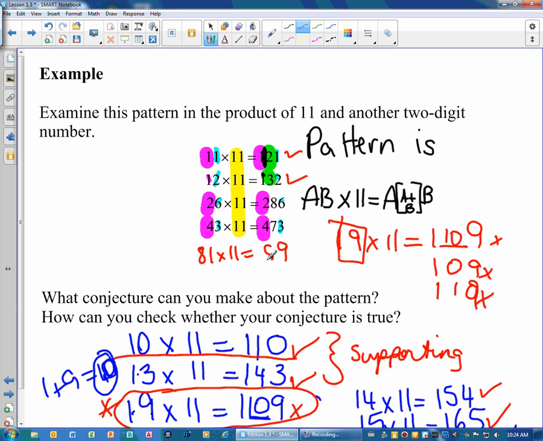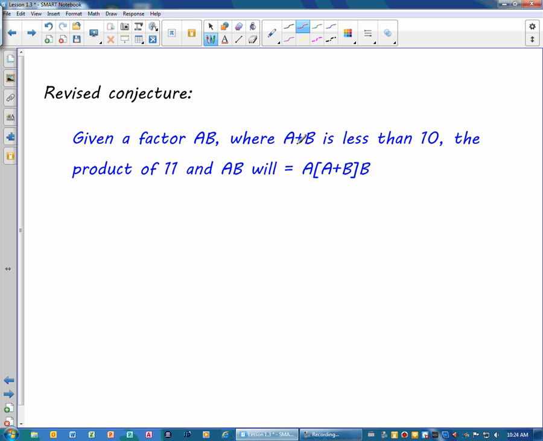So I'll have the 8 and the 1 there. And if I check on my calculator, 81 times 11 is 891. Okay, so I revised my conjecture to be as long as A plus B is less than 10. All right, that's section 1.3.